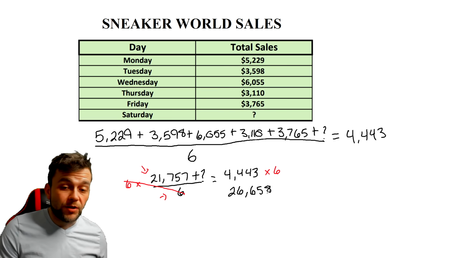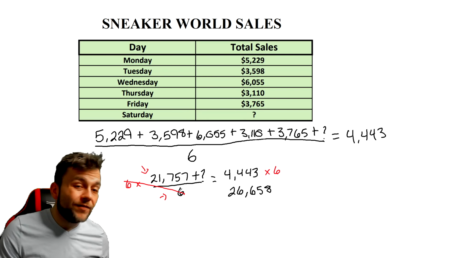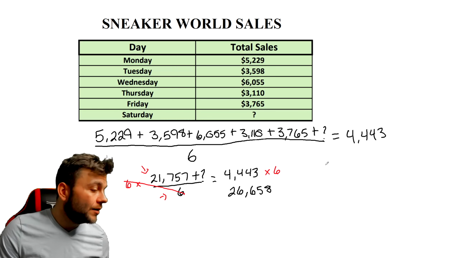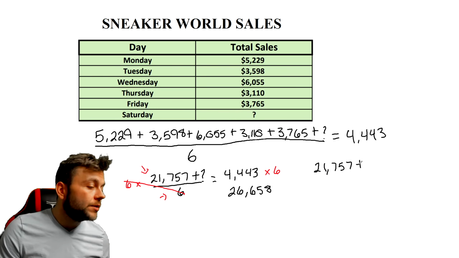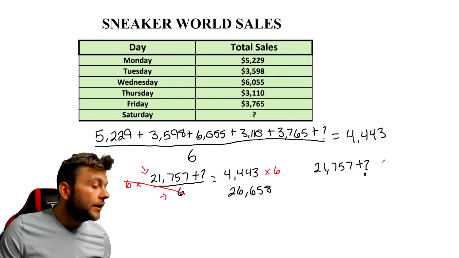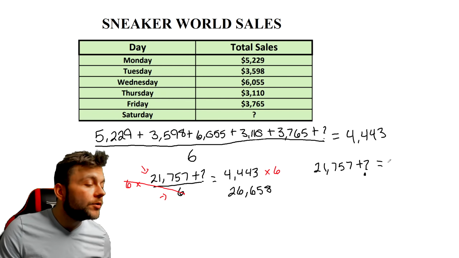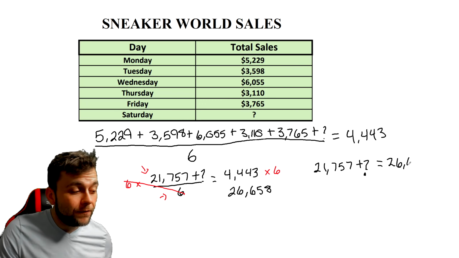Okay, so let's rewrite this really quick, and it'll be a little bit easier. So we've gotten rid of that 6 on the bottom, remember that. So it is 21,757 plus the question mark, and that equals 26,658.